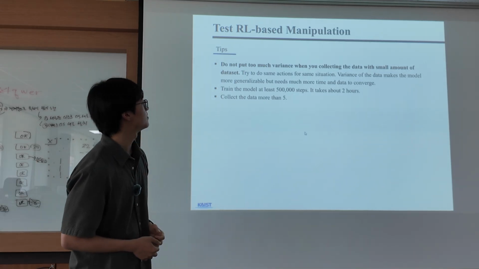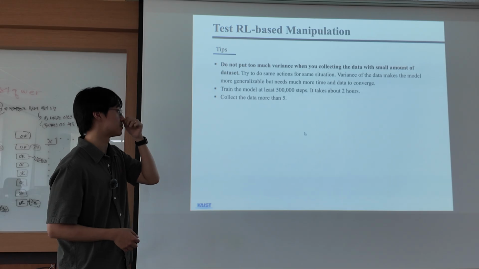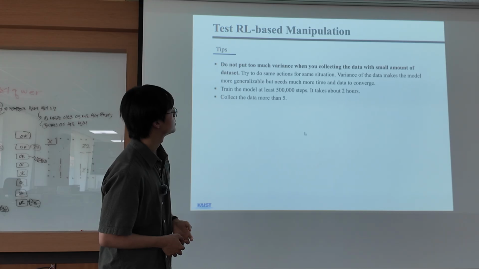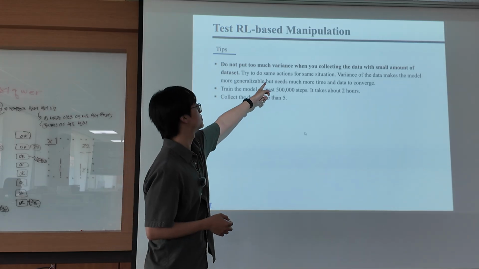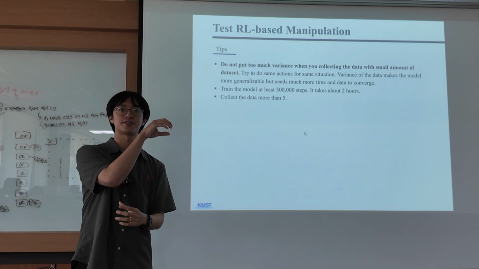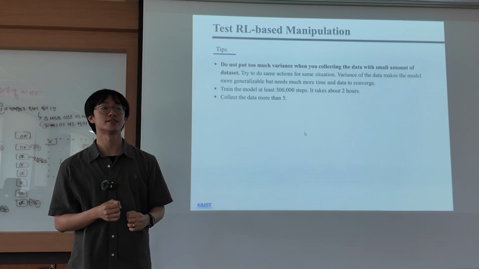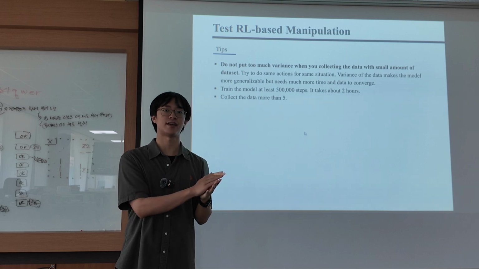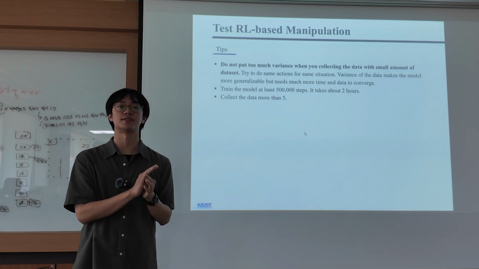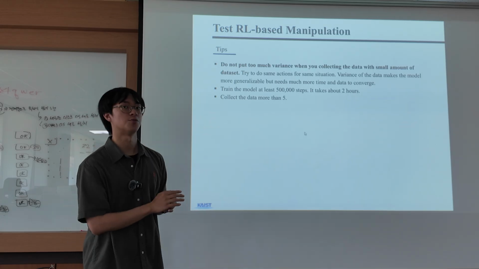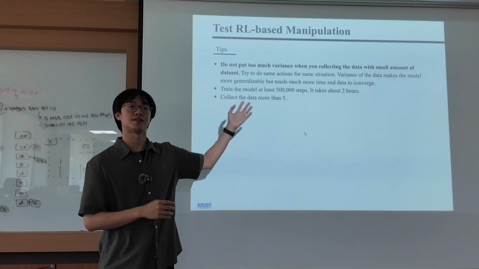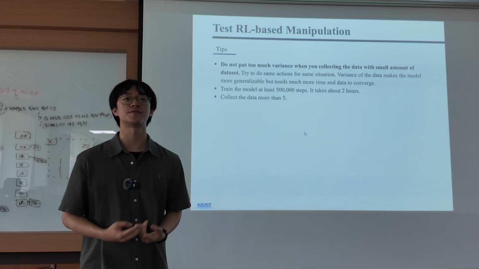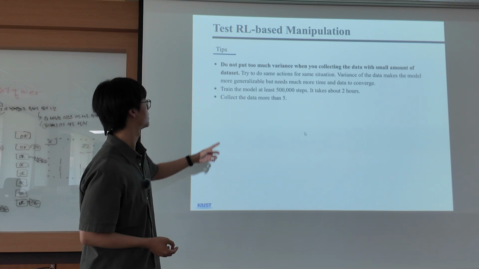Variance in the data makes the model more generalizable, but it needs much more time and data to converge. Even if you execute the same actions in the same situations, as the state is calculated from joints and kinematics, it would have some errors, such as sensor errors or cube position errors. So the situation is actually a different state. So it is enough to execute the same actions as well.